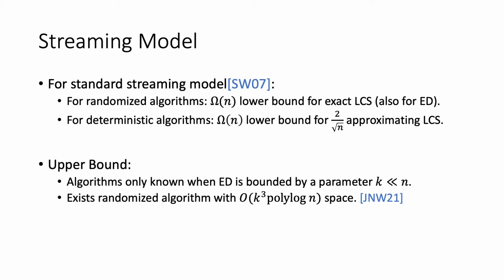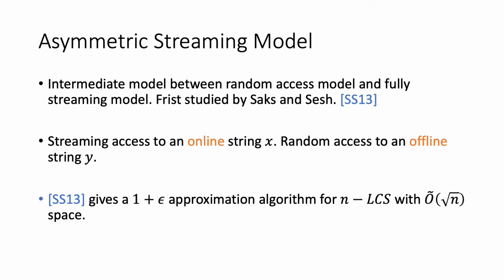On the upper bound side, streaming algorithms for edit distance have been limited to the case that the edit distance between the input strings is bounded by a parameter k, which is substantially smaller than n. We know that there exists a randomized algorithm that computes edit distance in O(k^3 polylog n) space. In this work, we consider the so-called asymmetric streaming model. It can be viewed as the intermediate model between the random access model and the fully streaming model.